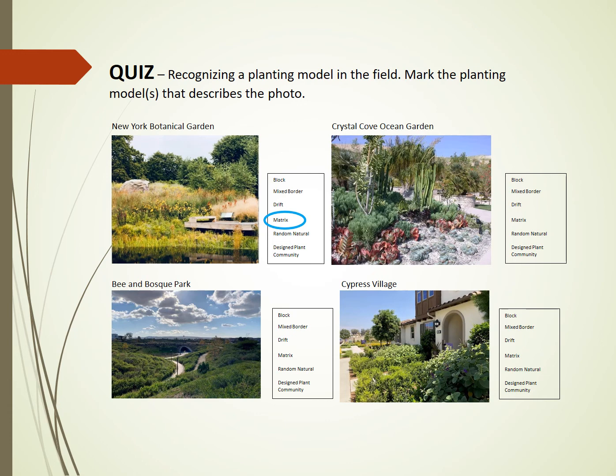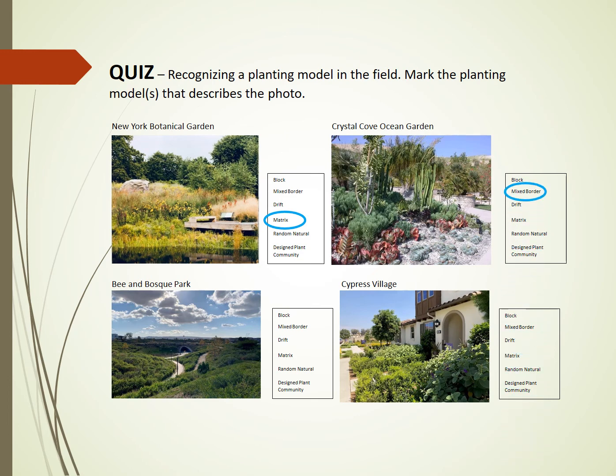So the grassy meadow and the perennial garden from New York Botanical Garden uses species of grasses as a unifying matrix or background plant. So this one can be called the matrix planting model. The next one is from the Crystal Cove Ocean Garden. It comprises a single plant species in a range of sort of biomorphic shapes.